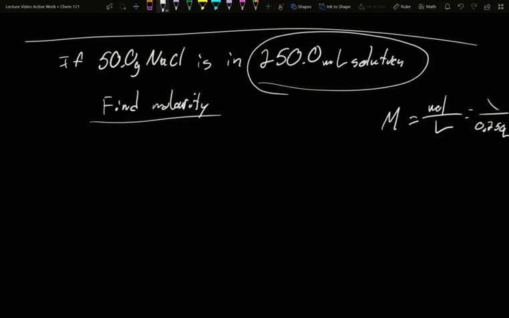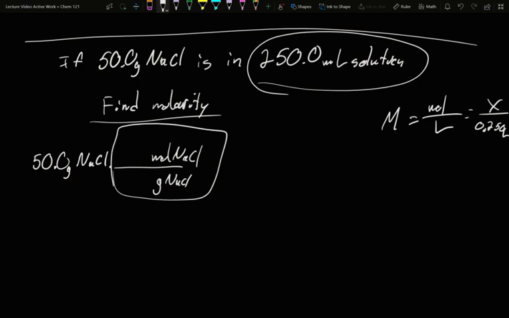I need to find those moles, though. 50 grams of sodium chloride, well, that's not in moles, so I have to convert it. 50.0 grams of NaCl. I need to get out of grams of NaCl and into moles of NaCl. Well, molar mass, grams to mole ratio.